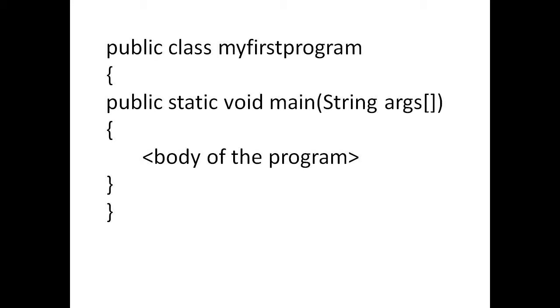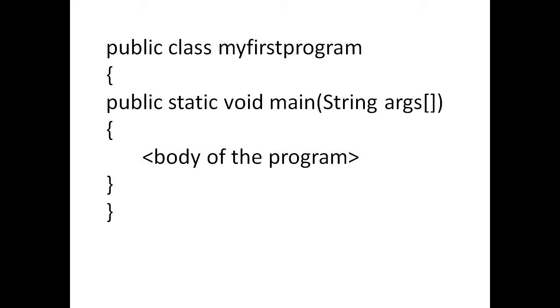So what are the lines? The first line is public class my first program, then within curly brace public static void main string args, then within curly brace, and then the body of the program, where you will actually write the content of the program that you want to write. So this is all about the general structure of any Java programming.